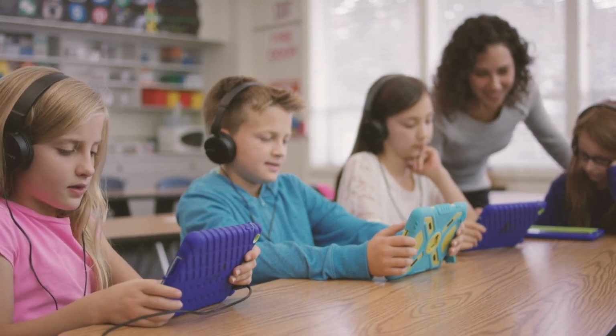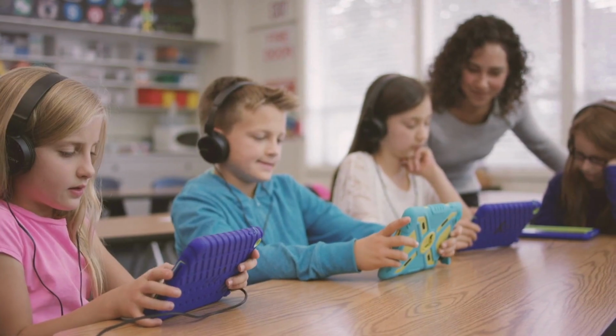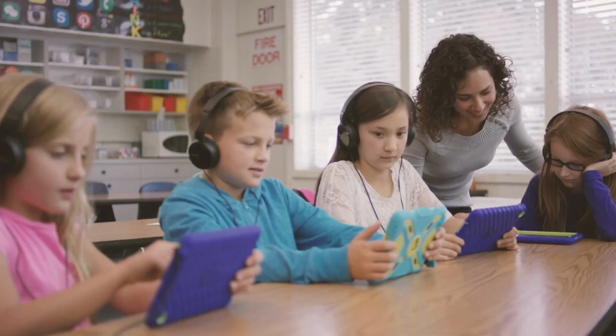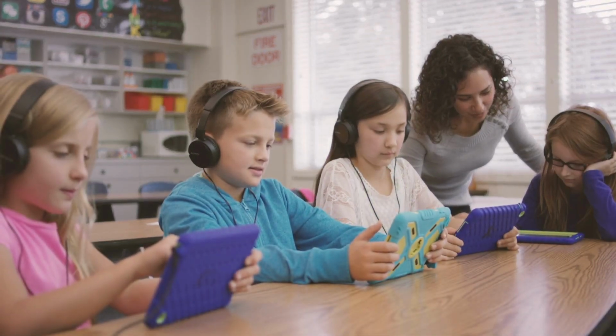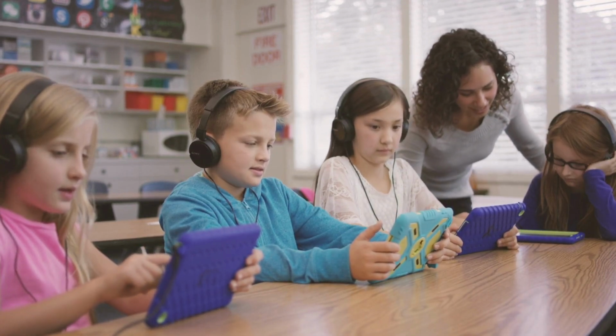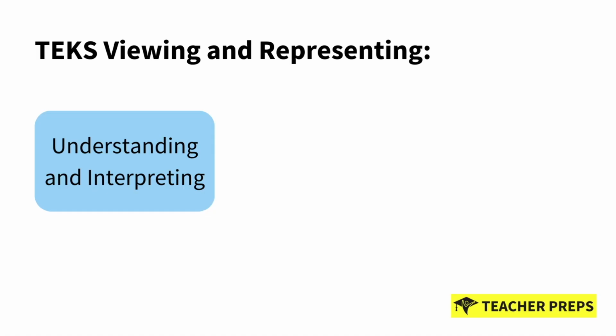The TExES Essential Knowledge and Skills set for grades 4 through 6 set the foundation for students' understanding and skills in this domain. And that's what we're going to discuss now. There are 3 specific text components of viewing and representing that you'll want to be familiar with on exam day.